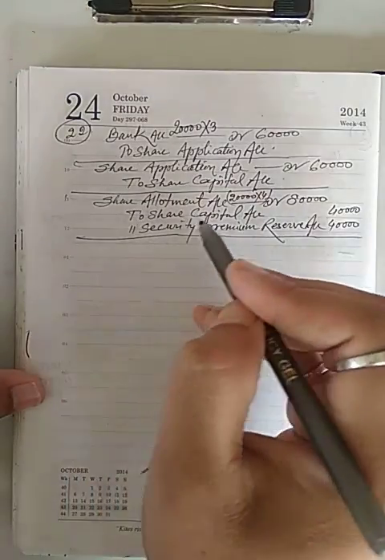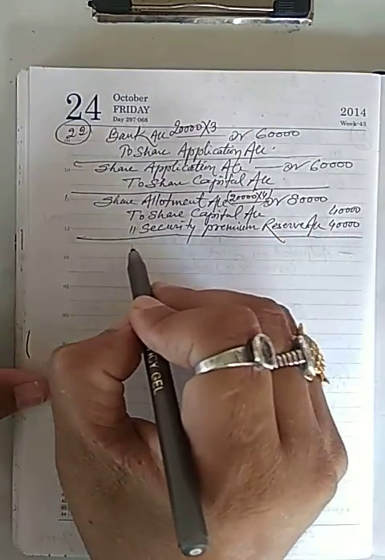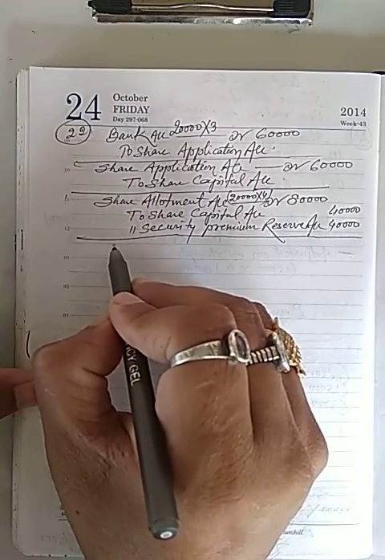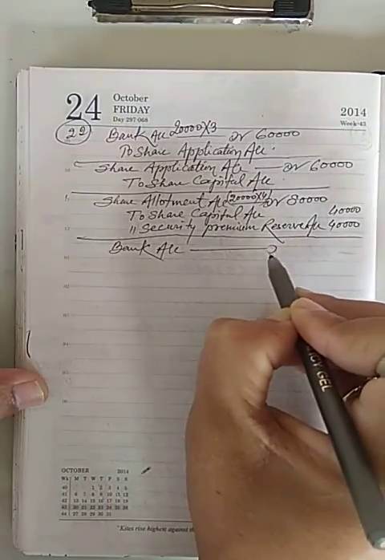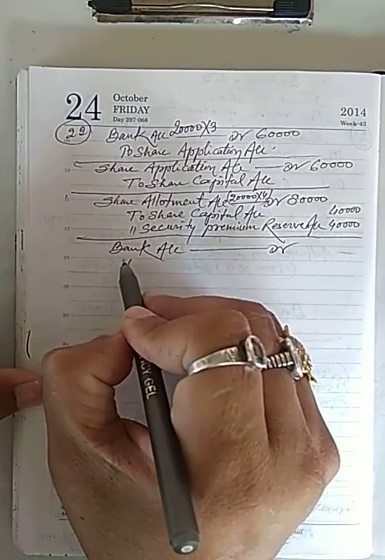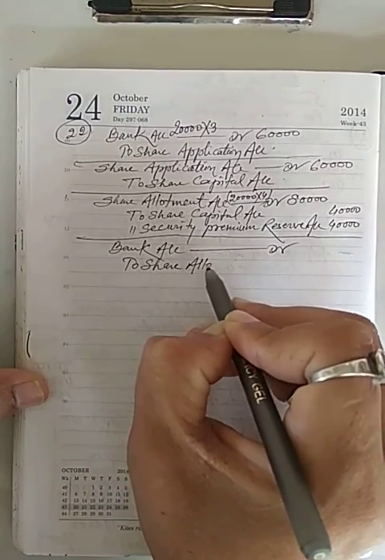Now allotment money received, therefore the journal entry will be bank account Dr to share allotment account.